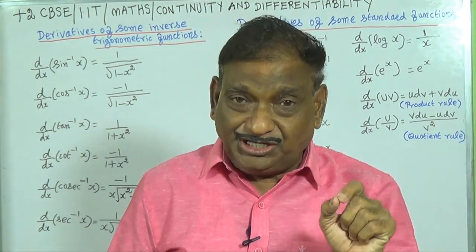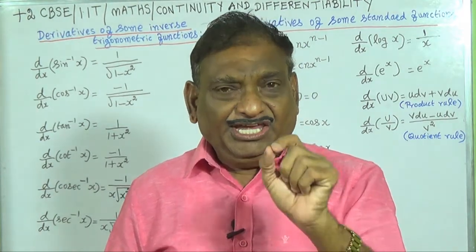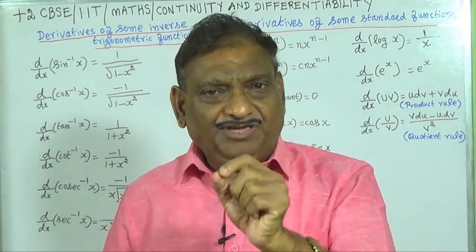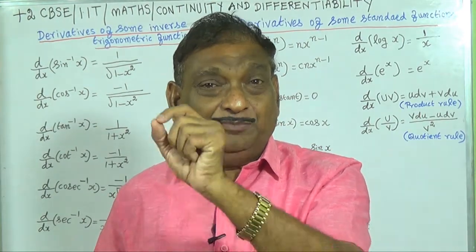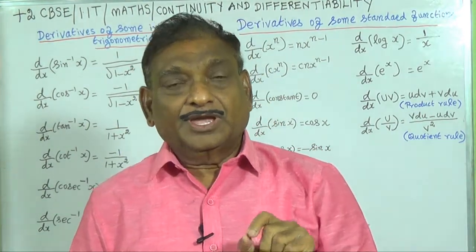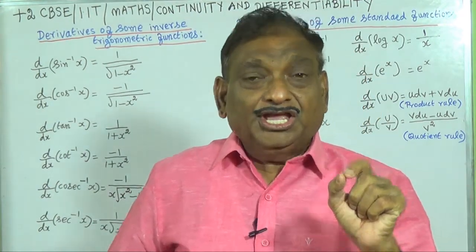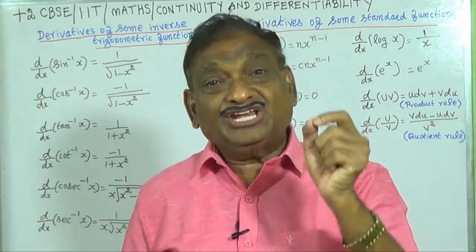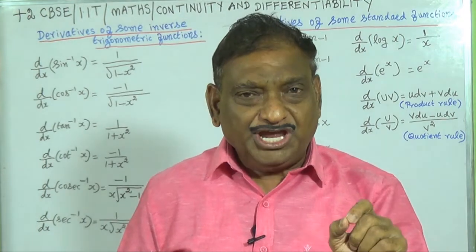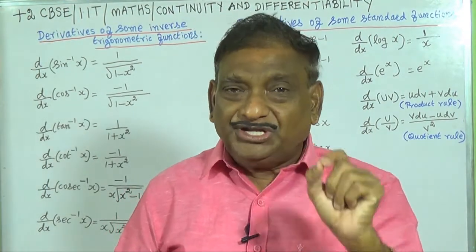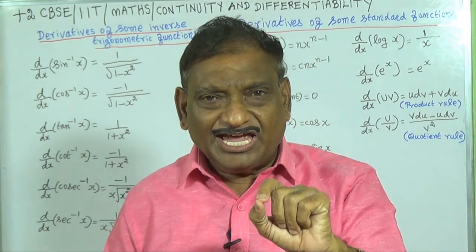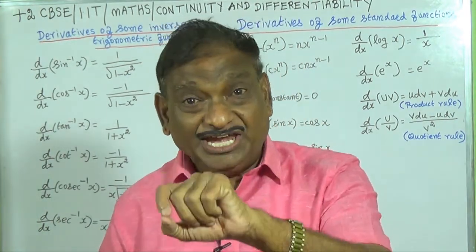On differentiating c x to the power n, we will get cn x to the power n minus 1. On differentiating the constant, we will get 0. On differentiating sin x, we will get cos x. On differentiating cos x, we will get minus sin x.